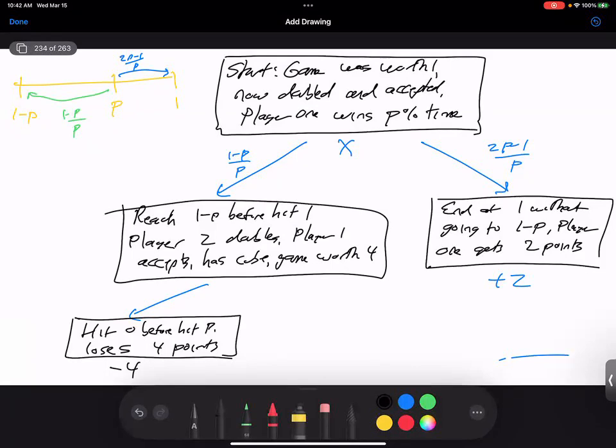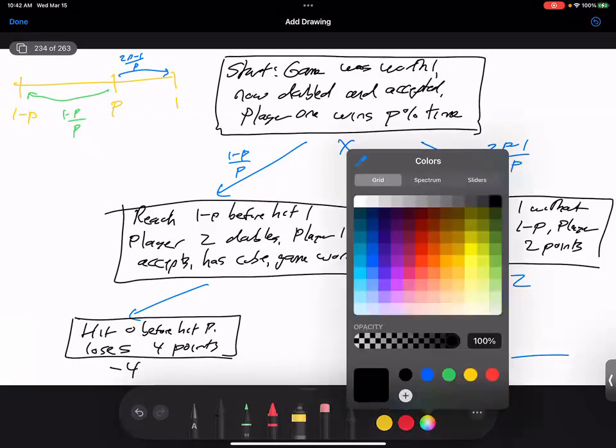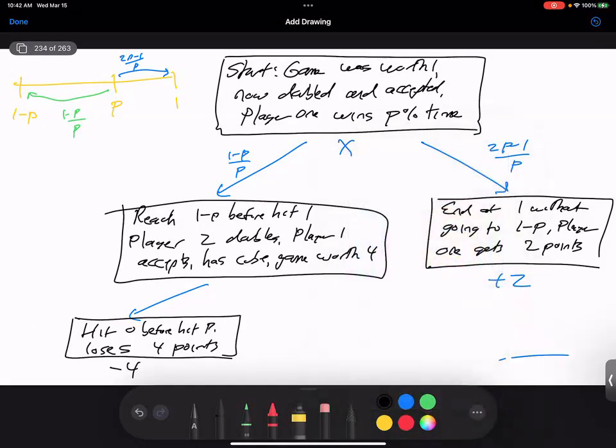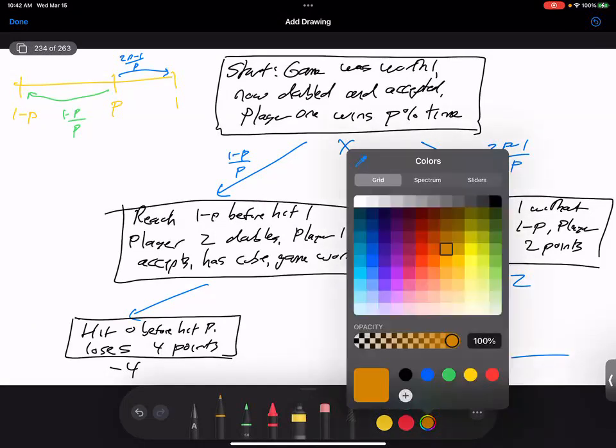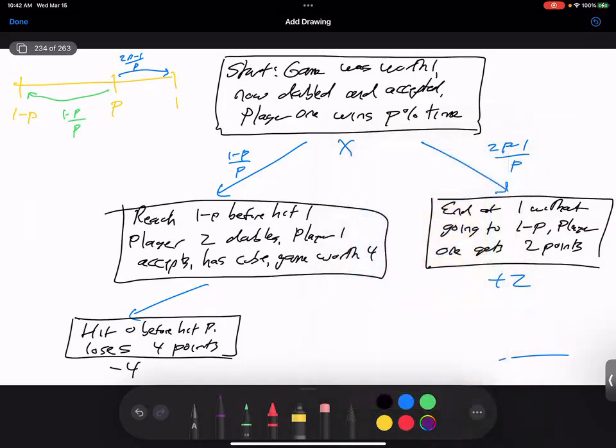What's the probability that happens? So we're at 1 minus P now. So now we need to draw yet another picture. Let's do some purple. So here we're at 1 minus P, P, and 0.